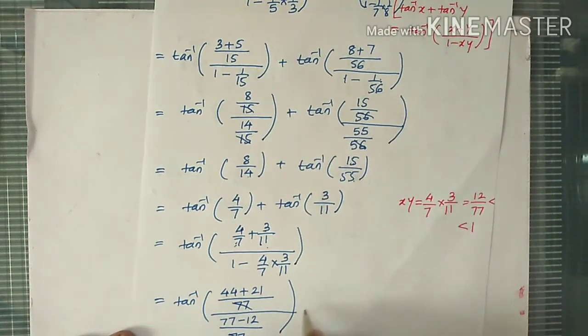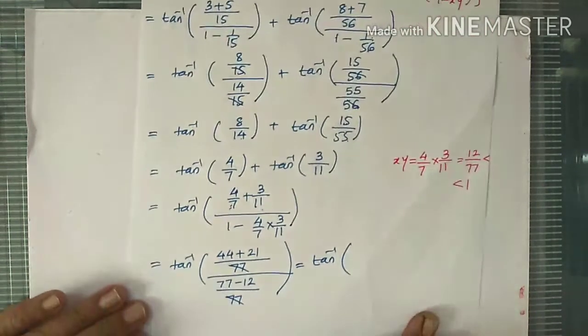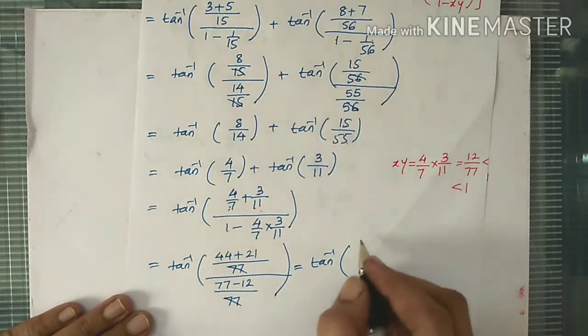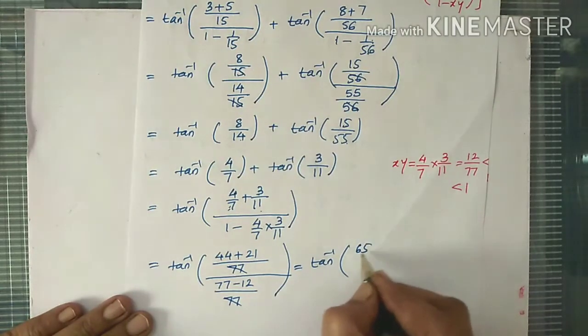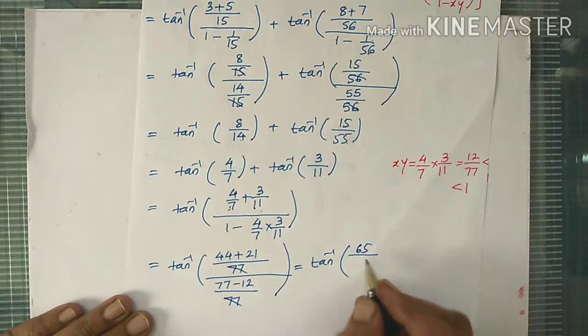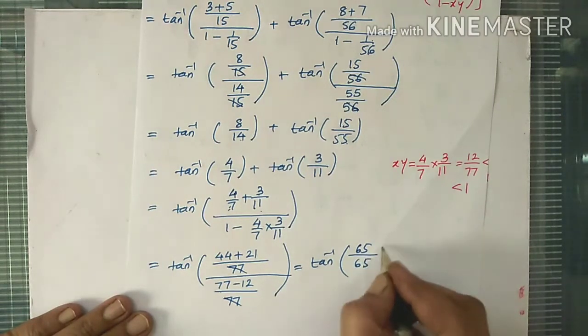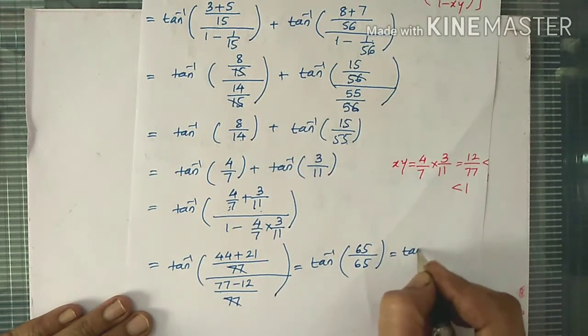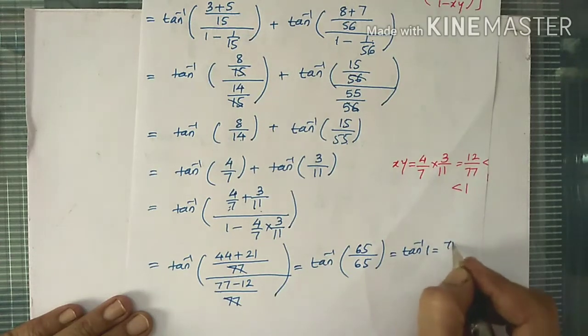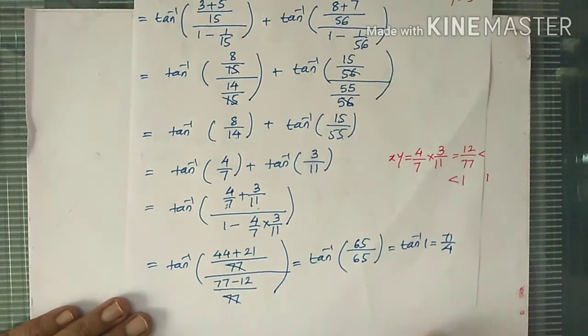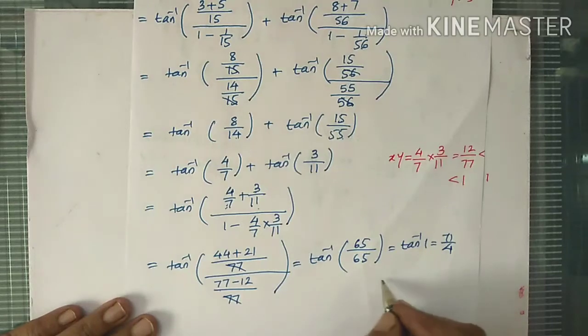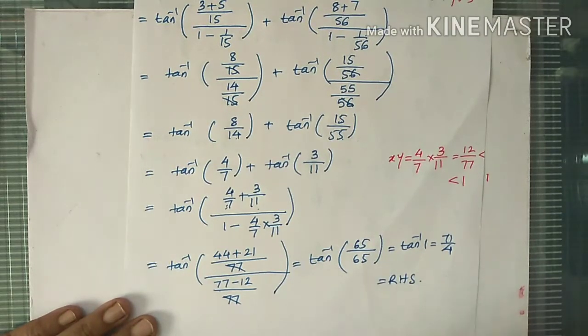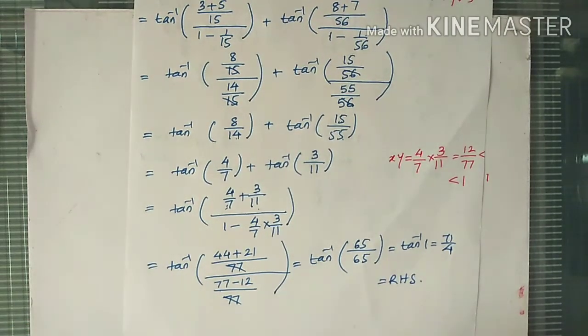So 77 gets cancelled and the simplification gives us tan inverse of, adding the terms, 65 divided by 77 minus 12, which is also 65. So that becomes tan inverse of 1. Now tan of pi by 4 is 1, so tan inverse of 1 is pi by 4, which is our right hand side. So we are using the same property thrice. That's why this question carries 4 marks.